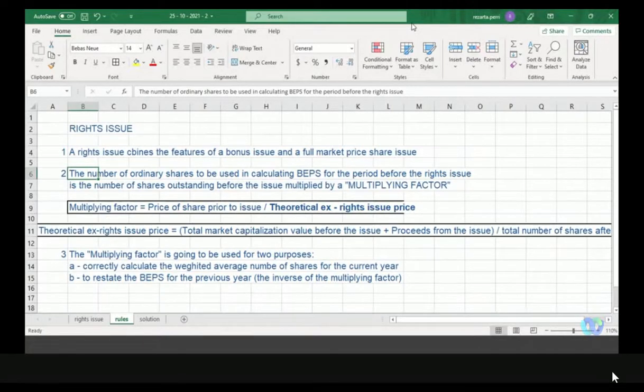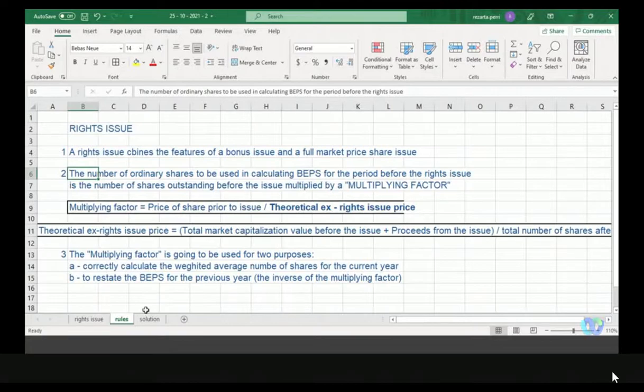This theoretical price is simply the ratio between the total value and the total number of shares. The total value is the market capitalization plus proceeds from issues, divided by the new number of shares after the issue. These are the formulas.